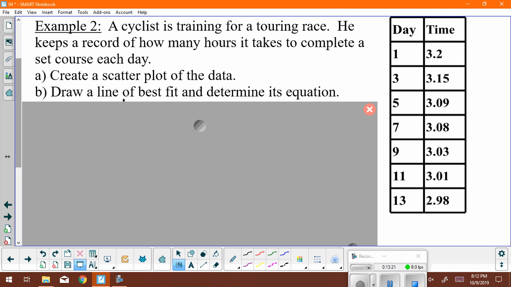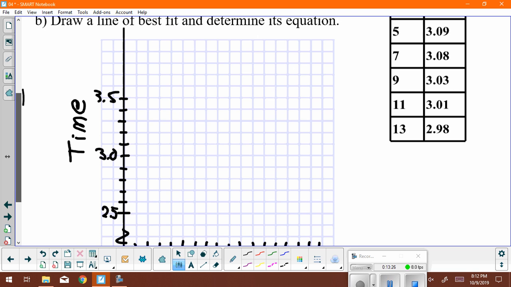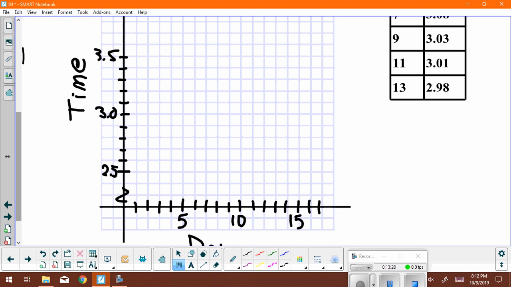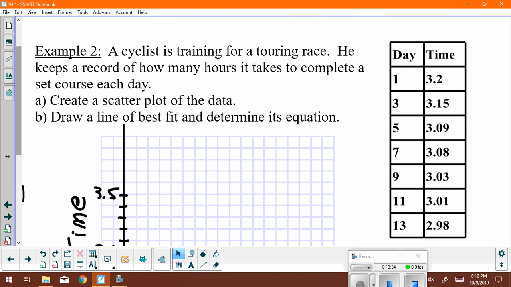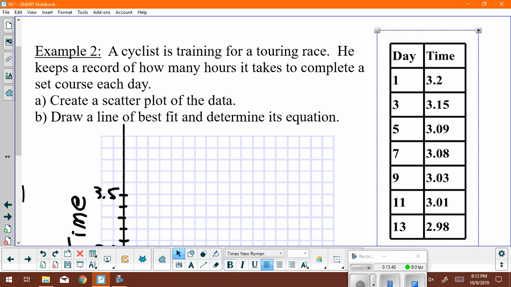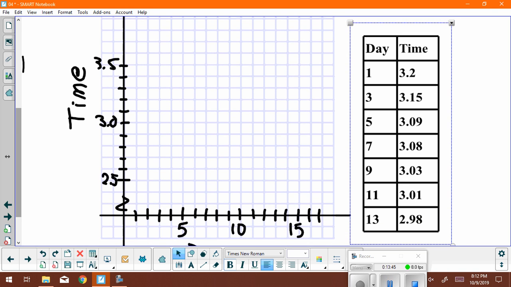So just following our columns, day would be on the bottom, and the time is going to be up the side. I'm just going to move my table here. Okay, so let's plot the points.